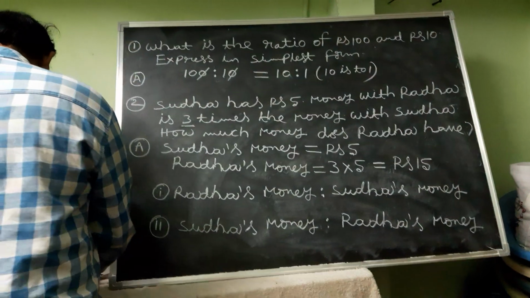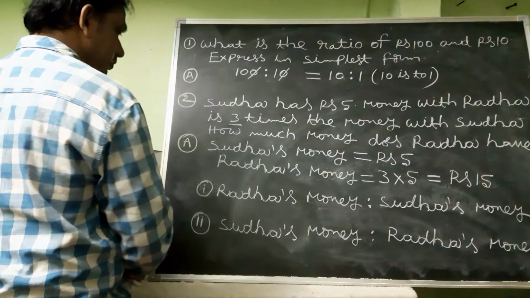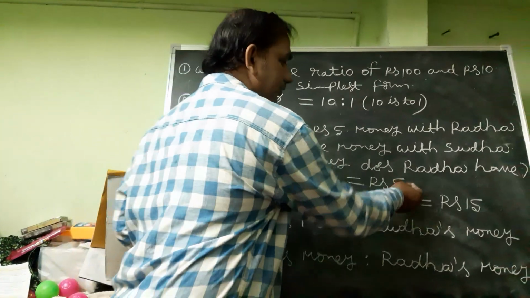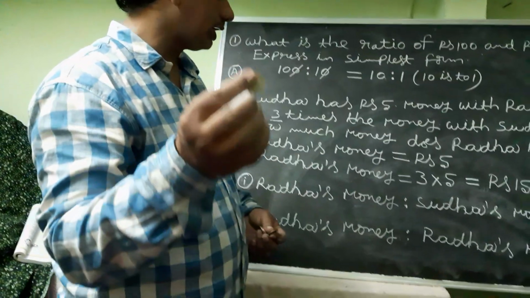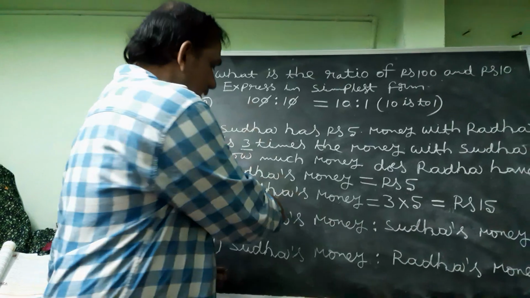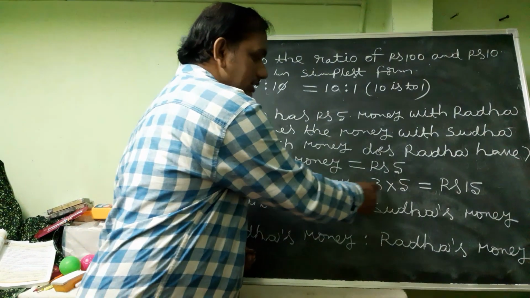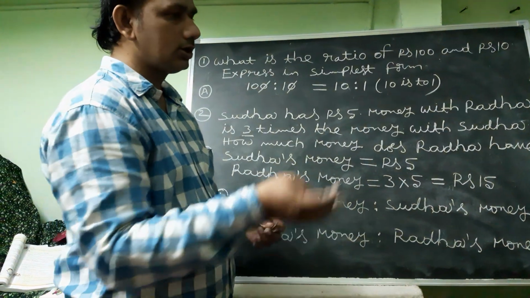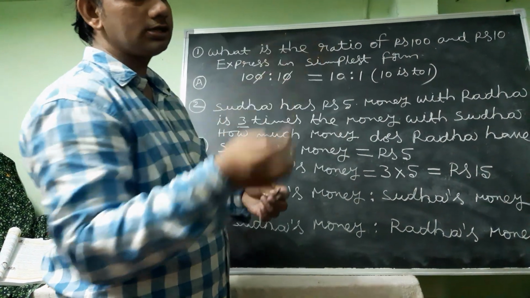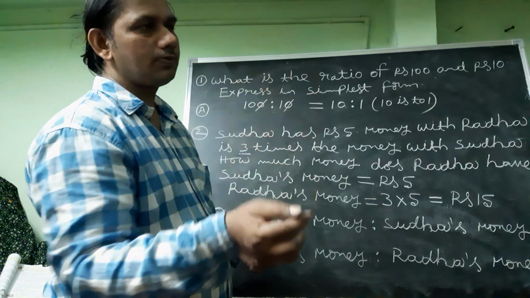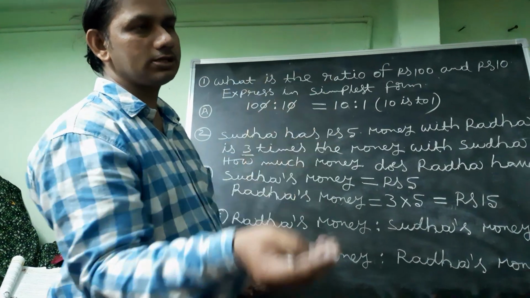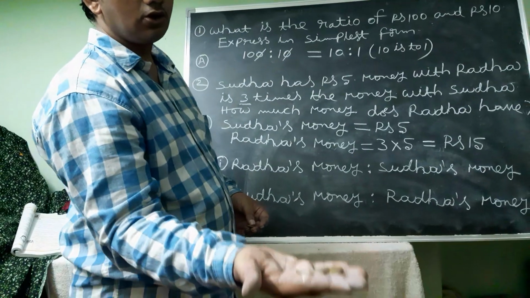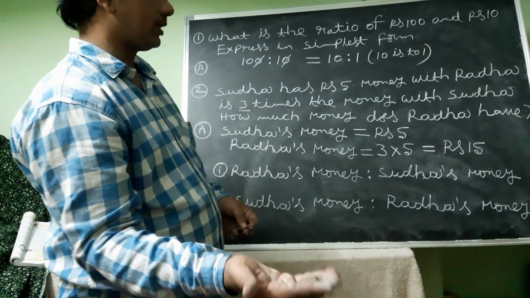See here, Sudha's money only 5 rupees. Radha's money is 3 times 5. That means 3 times means 1 time 5 rupees, second time 5 rupees, third time 5 rupees. 3 times means total 15 rupees.